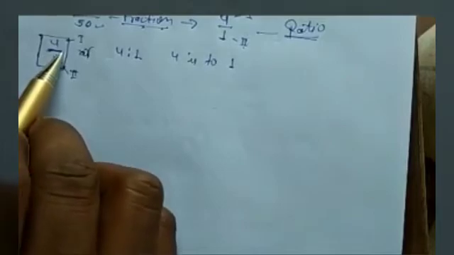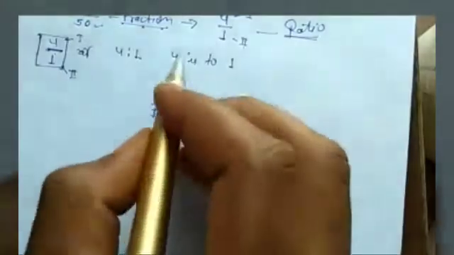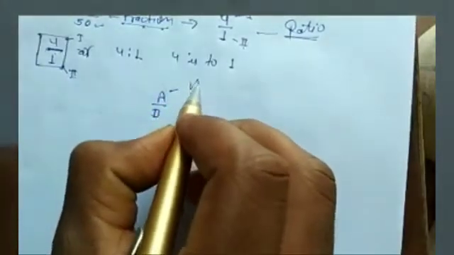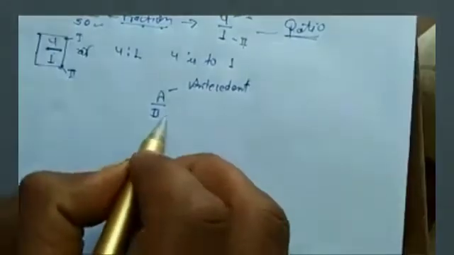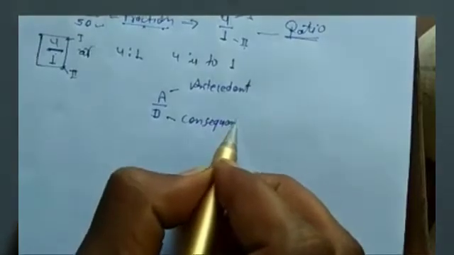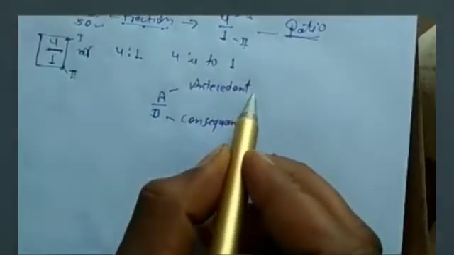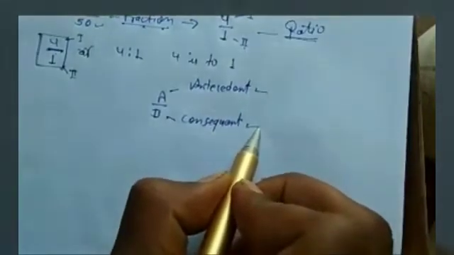Suppose this is A upon B. The first term of a ratio is called the antecedent. The second term of a ratio is called the consequent.